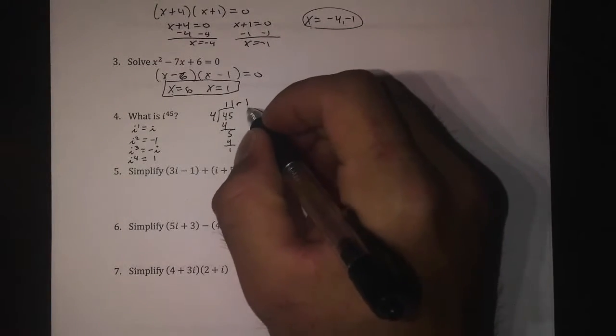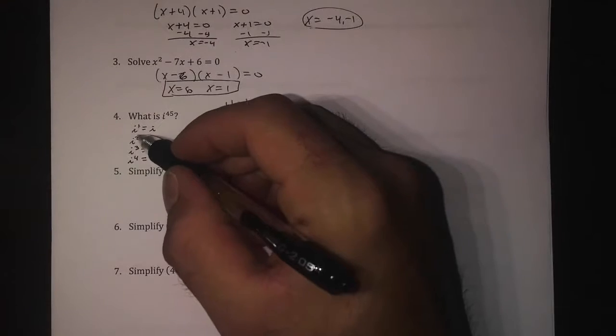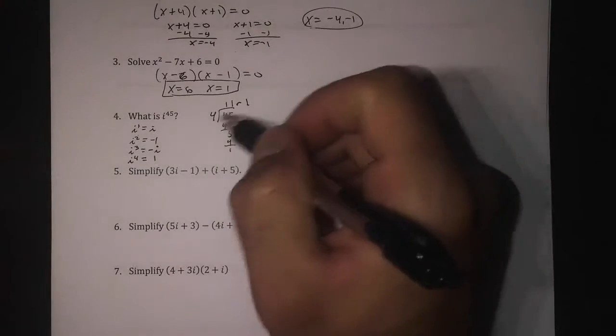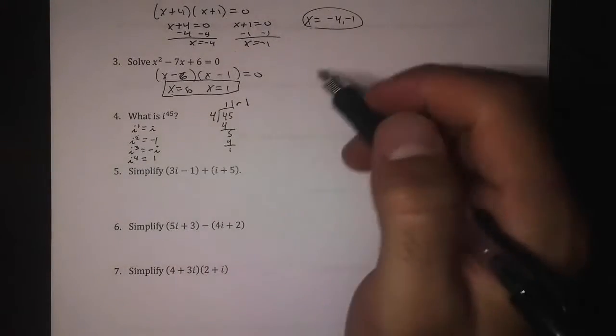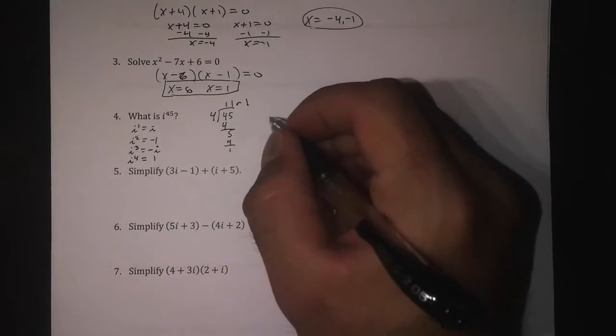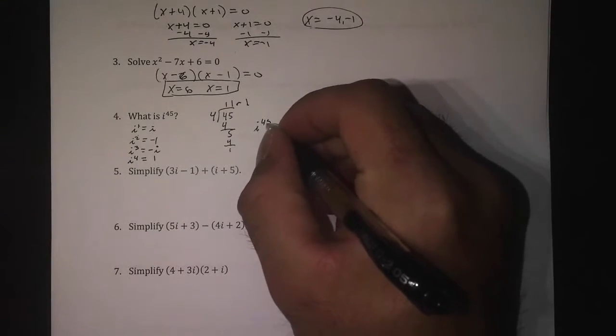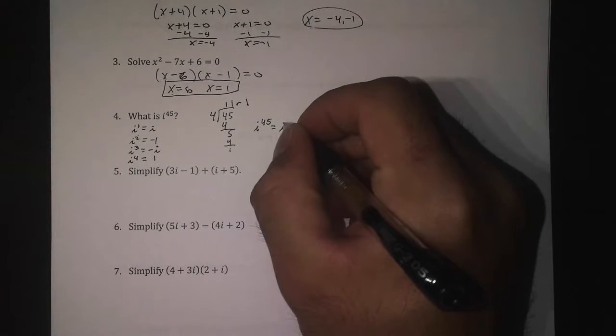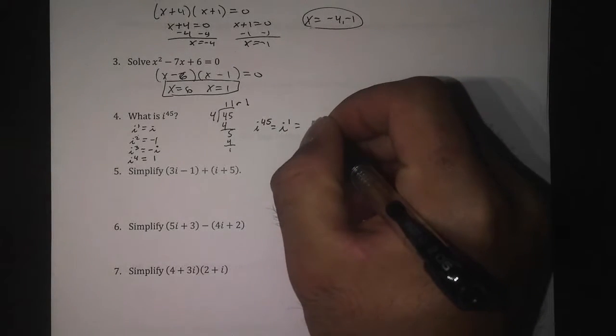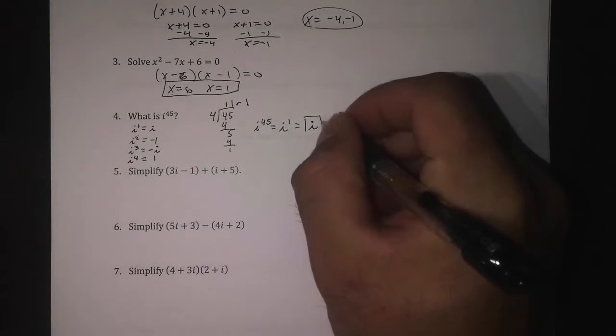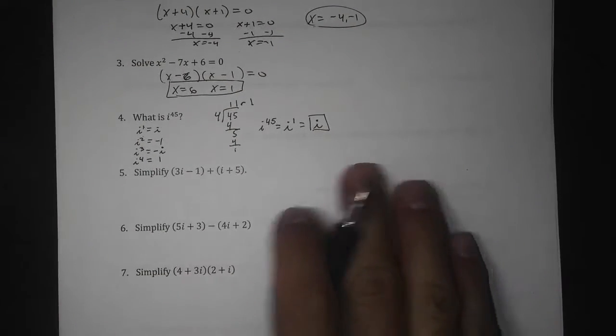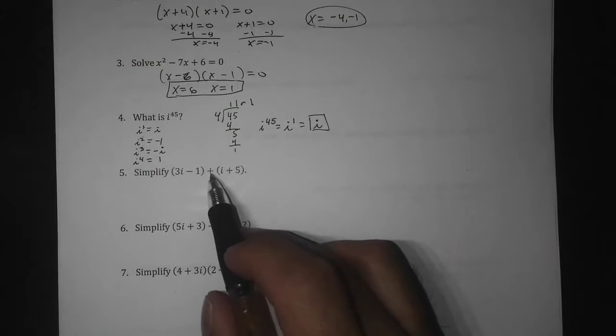So that is what I'm looking at. A remainder of 1 corresponds to these exponents. If it's a remainder of 0, it corresponds to i to the 4th. So in this case, since the remainder is 1, i to the 45th is the same as i to the 1, which is just i.